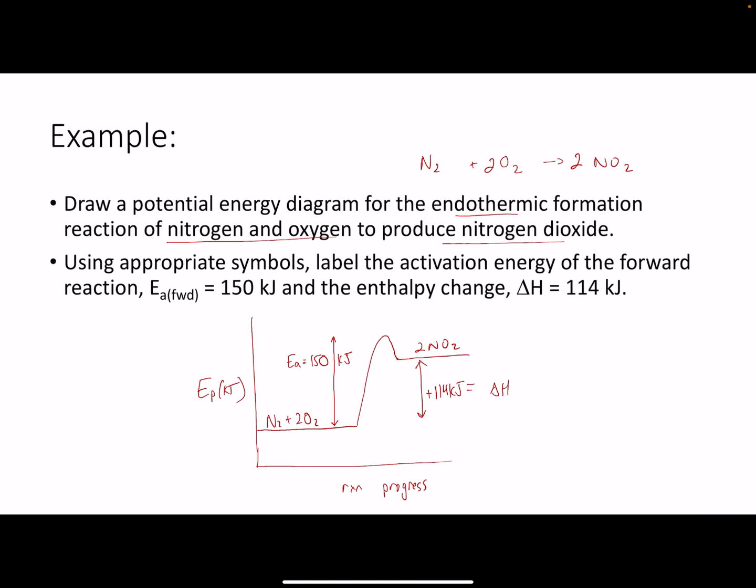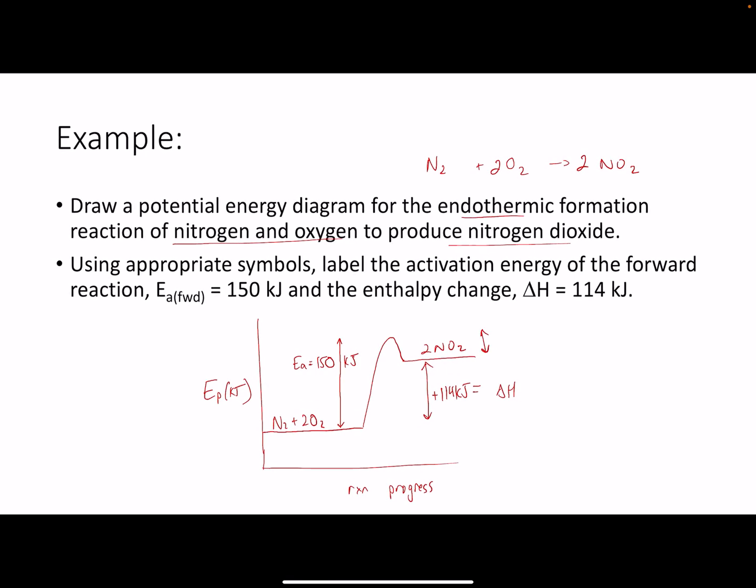Okay. Now you'll notice there's a little bit of a gap up here between that there. That's called the reverse activation energy. So again, to turn the products back into the reactants, and you'll notice that it's the sum of delta H and the activation energy. So if we subtract those two terms, in this case we'll get 36 kilojoules. So that's a properly labeled potential energy diagram.